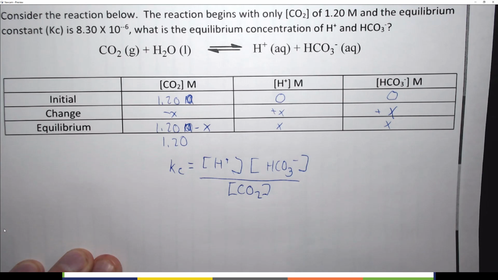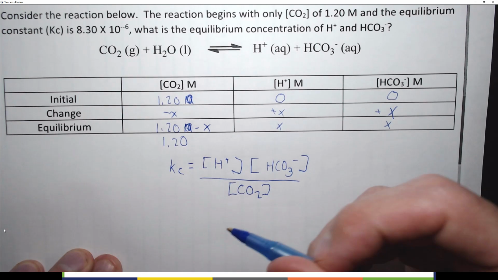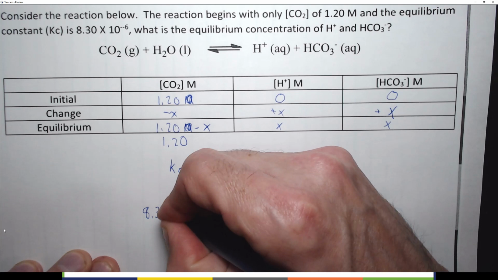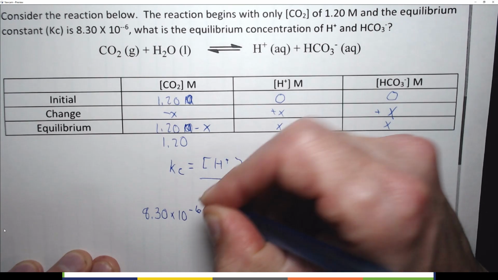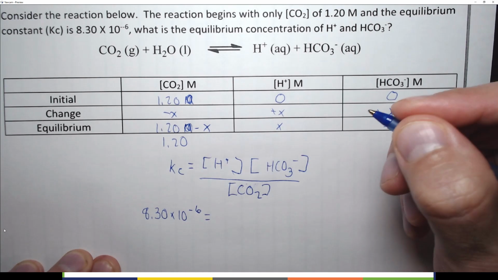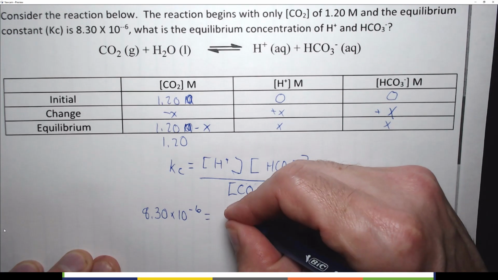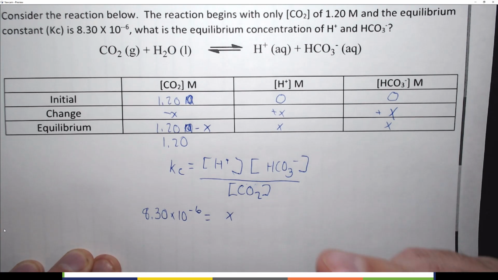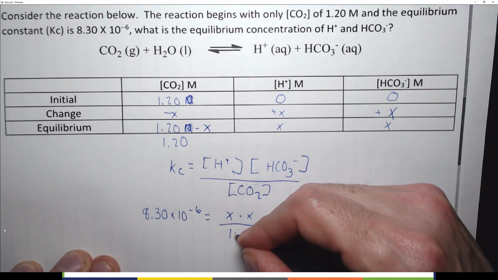Only aqueous and gas go in this expression. I know the value of Kc. It's 8.30 times 10 to the minus 6 equals concentration of H plus, which is x, concentration of HCO3 minus, which is x, over 1.20.